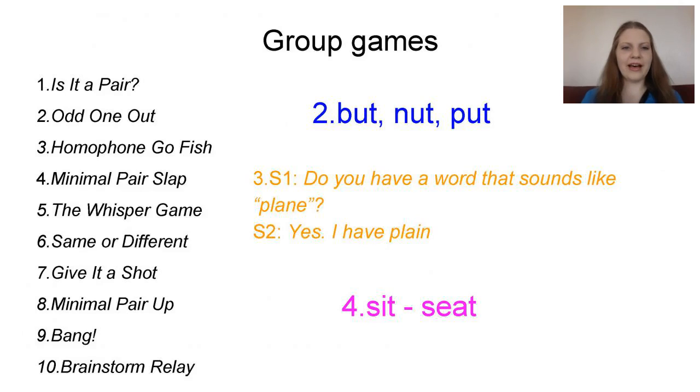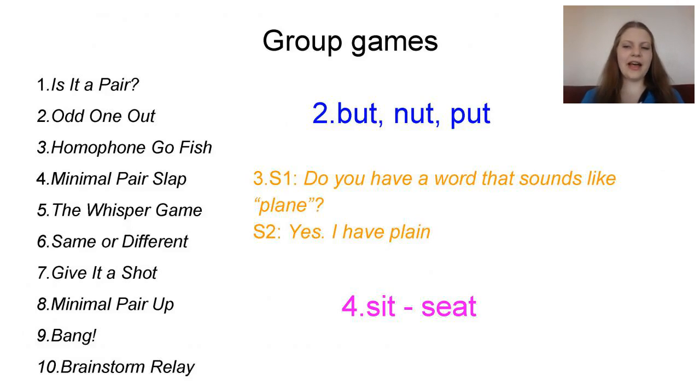One of them, Give It a Shot, is quite interesting. What happens here is you need to put 2 trash cans in front of your room, and you label each trash can with a different vowel sound that your students have trouble distinguishing, or it can be a consonant like v and w. Then you put students into 2 teams, and you have a player from one team come to the front of the room and read out a word.